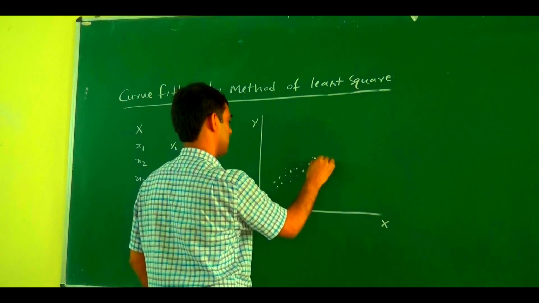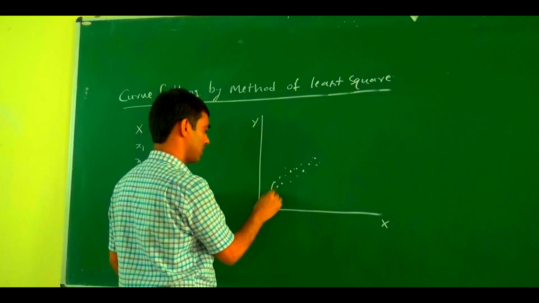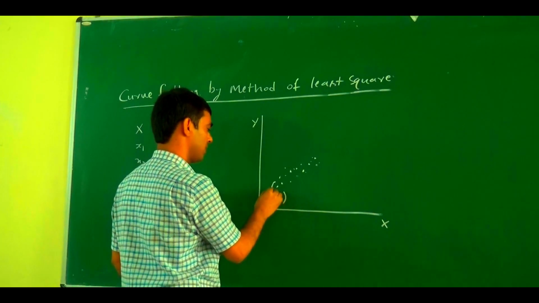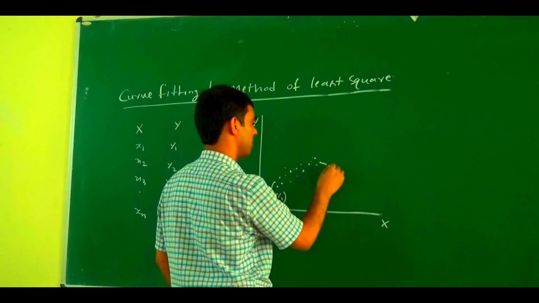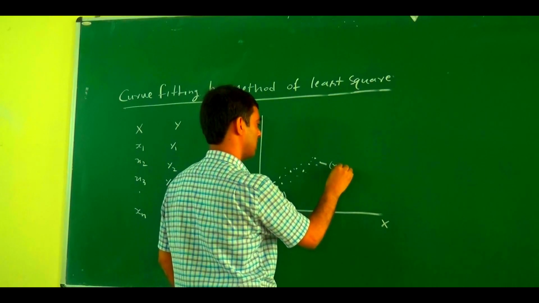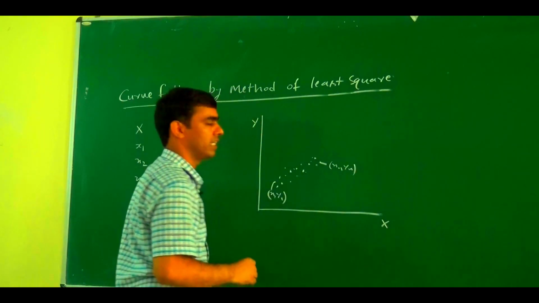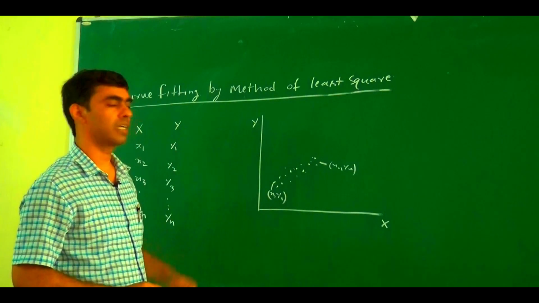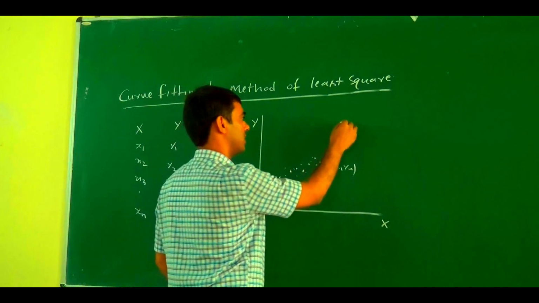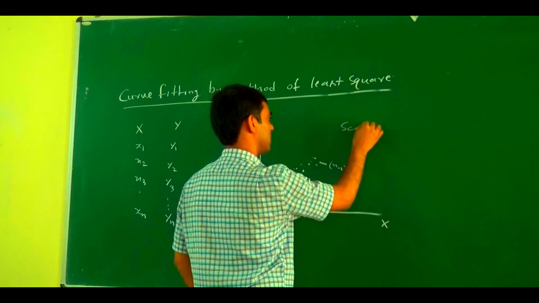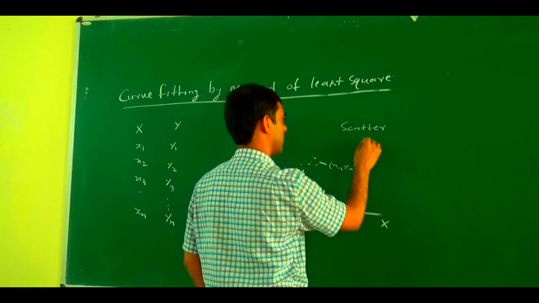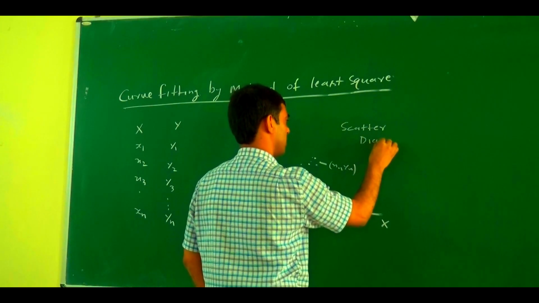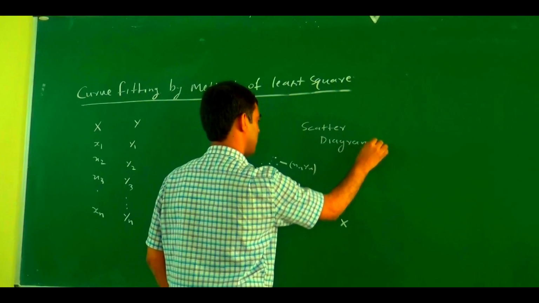Similarly, here this one is xn, yn. And this dotted diagram is known as a scatter diagram.